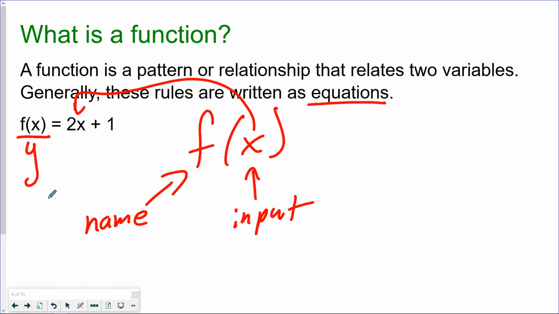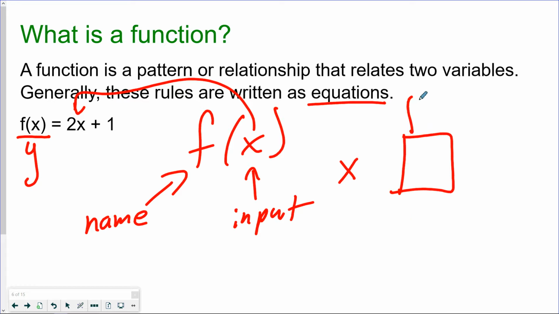You want to think of functions as a machine: you give it a number or an expression or a variable, it does some math to it, and then spits something else out. If you want, you can think about it like the Dr. Seuss story, I forget the name of it, where they're putting stars on their bellies and taking the stars off their bellies. So think of it like that star belly machine.